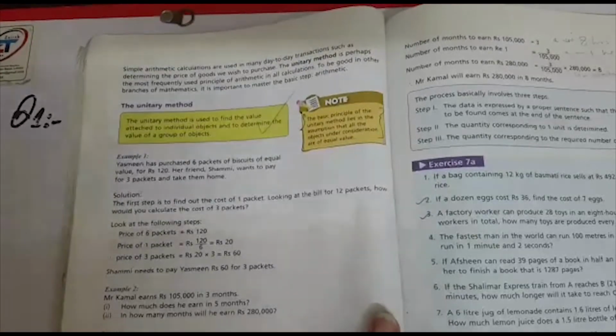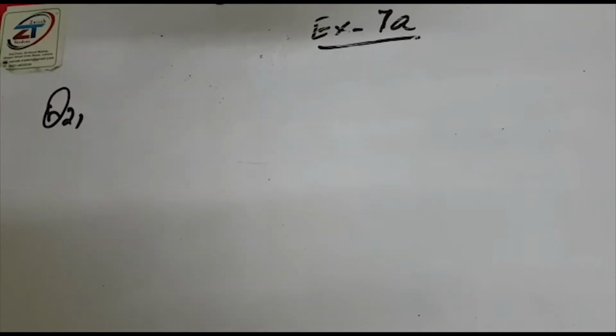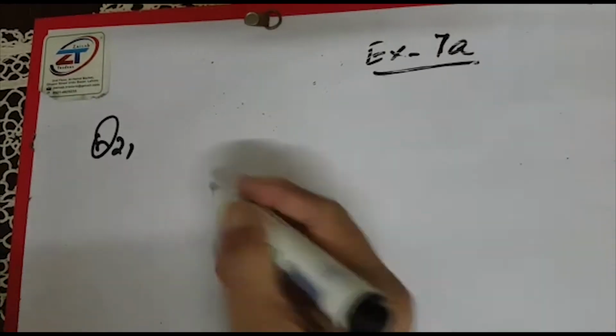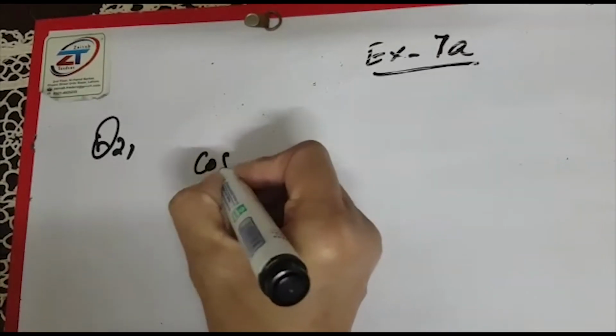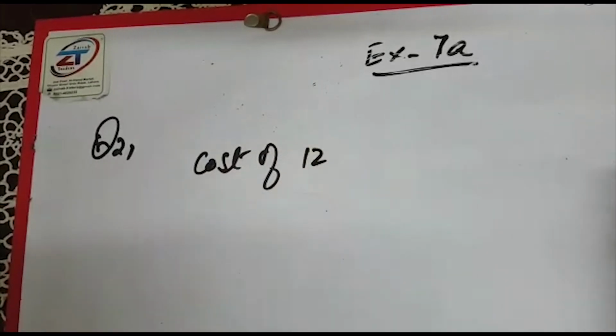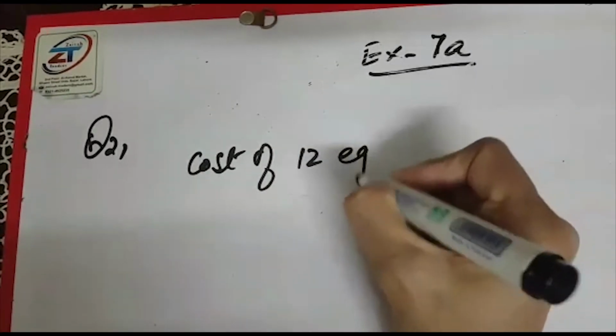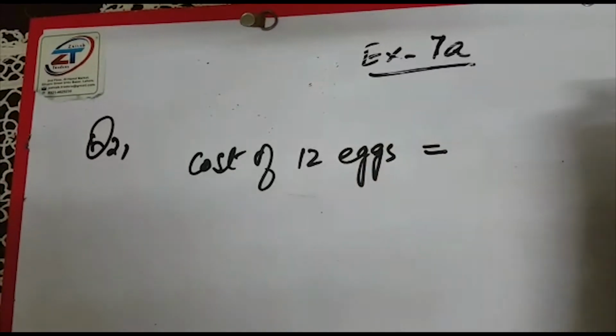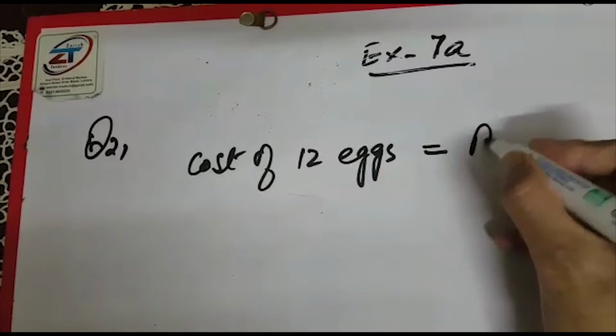Question number 2 of exercise 7a: if a dozen eggs cost rupees 36, find the cost of 7 eggs. Dozen means how many things? 12 things. So cost of 12 eggs, instead of dozen you will write down the number 12 eggs, which is given in the question, is rupees 36.